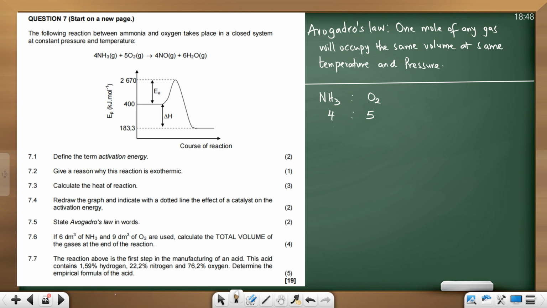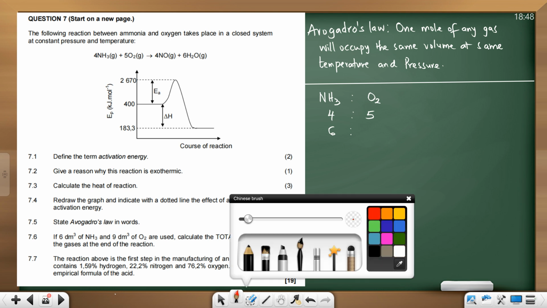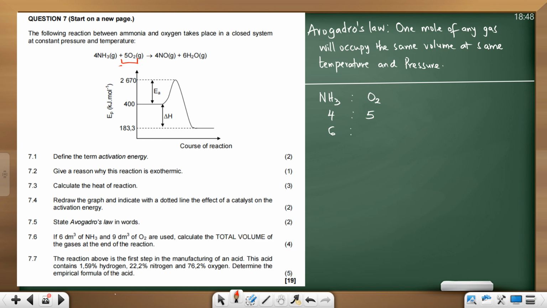Now, if I use 6 of this, okay, guys, can I ask you a question? Why am I instantly considering ammonia as a limiting reagent? Because limiting reagent is what determines the rest. I didn't even do any calculation to say which one is limiting. I just chose ammonia. Every time I react something with oxygen, and I did mention it as well, it is a combustion reaction.